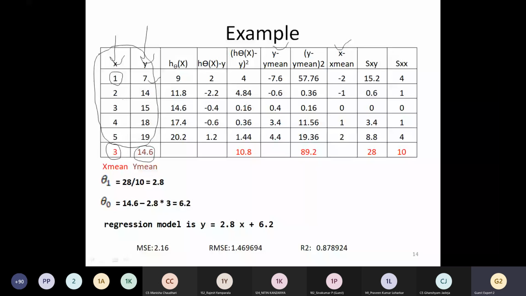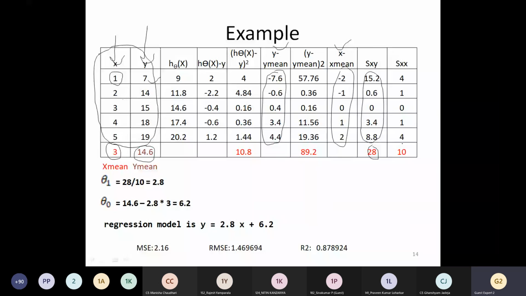That is the numerator. Then we do the sum of them: sigma of x minus x mean into y minus y mean. The sum is 28, so that is the numerator. The denominator is x minus x mean square. That is our sxx, and then we did the sum of that.